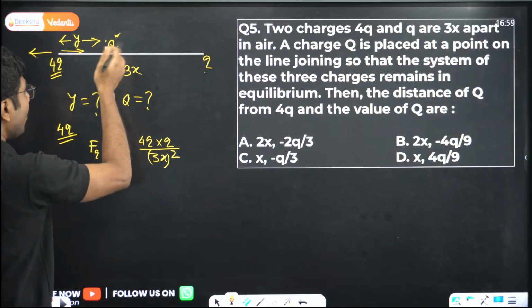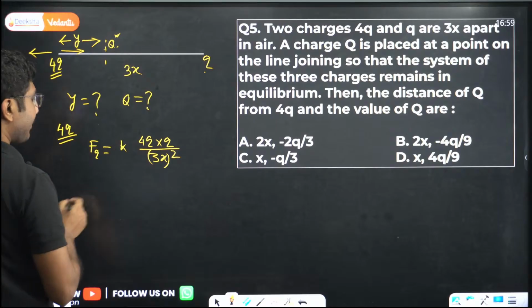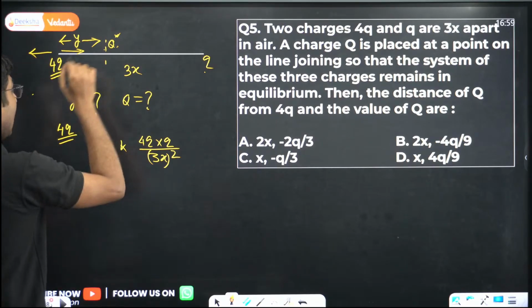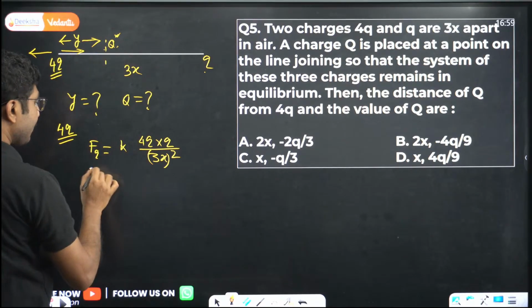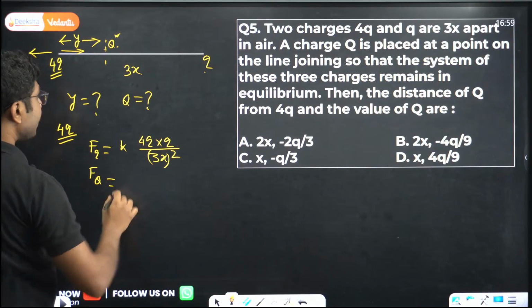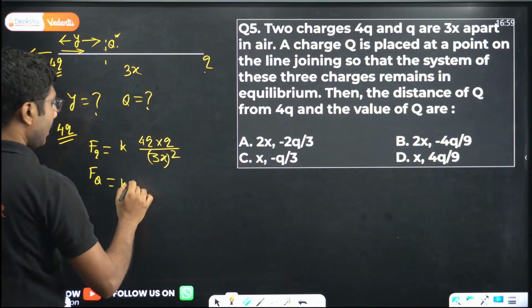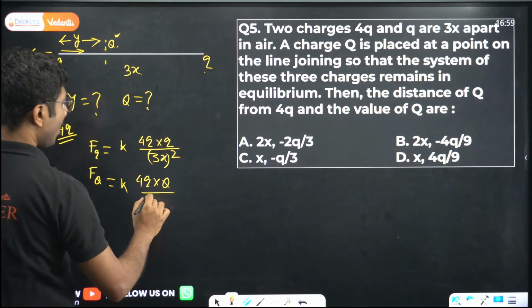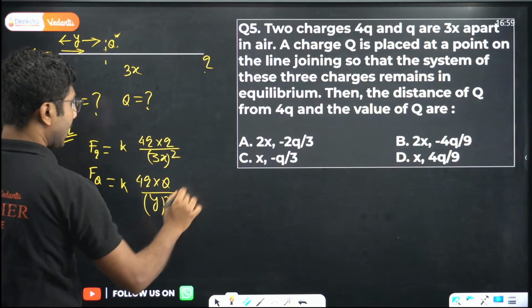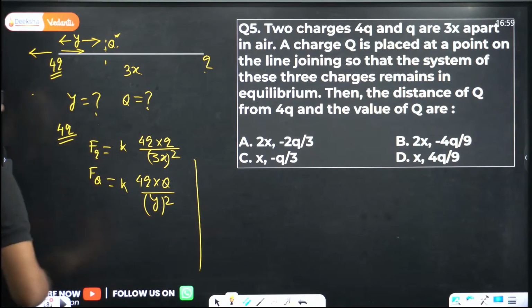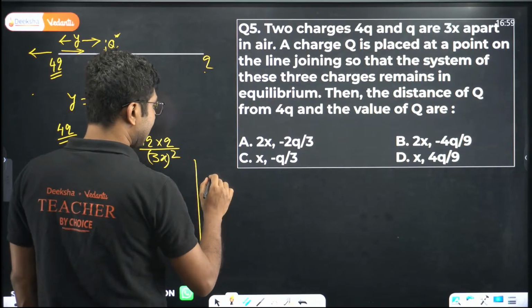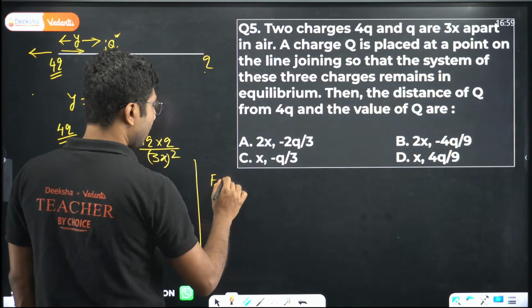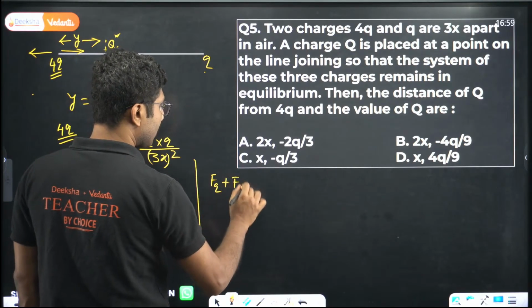Now we will consider the equilibrium of this capital Q charge. We will consider the force due to capital Q charge. Force due to capital Q charge is given by K 4q into capital Q divided by y whole square. Now as the system is in equilibrium, we can say that force due to small q plus force due to capital Q must be equal to 0.